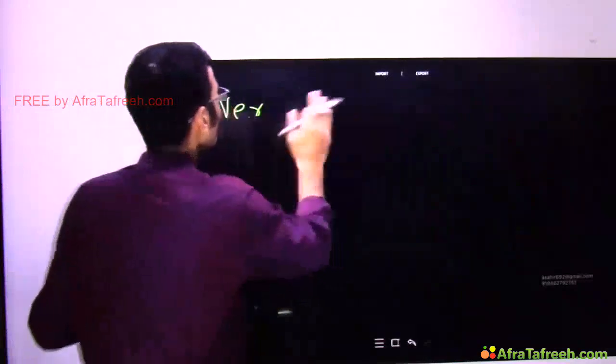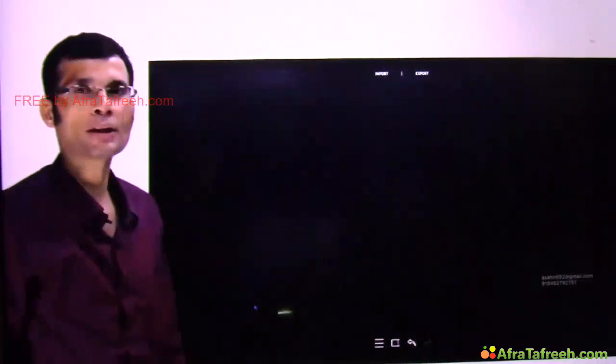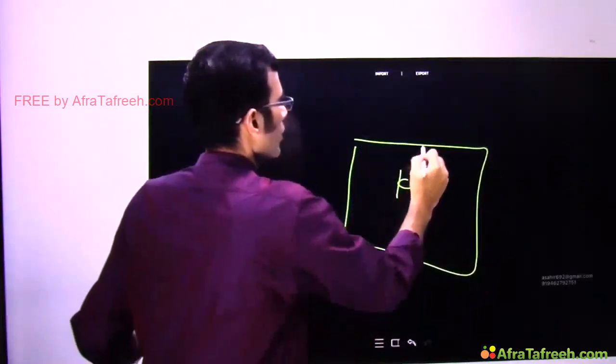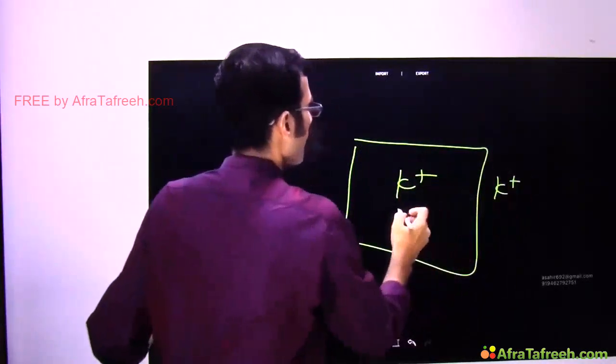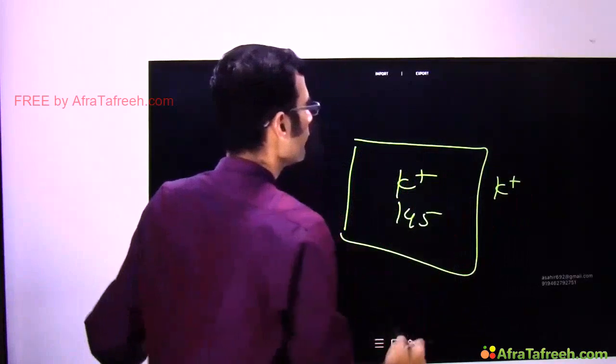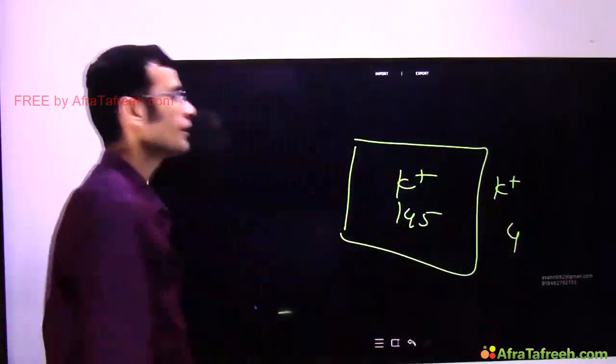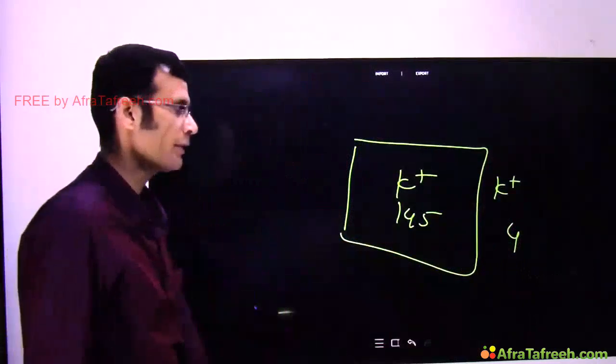Now, let's see the equilibrium potential for potassium. Potassium is 145 milliequivalents per liter on the inside and 4 milliequivalents per liter on the outside.